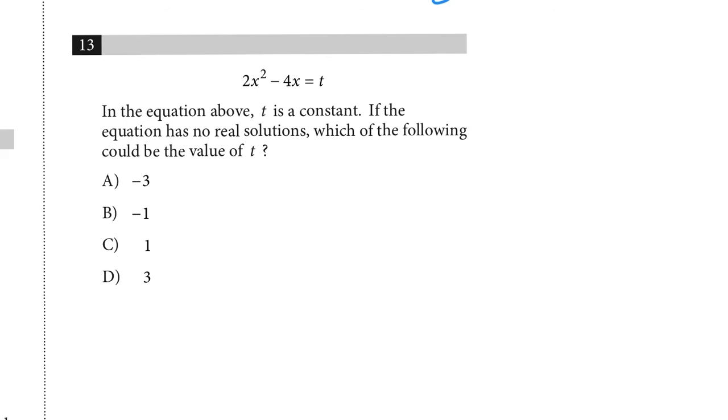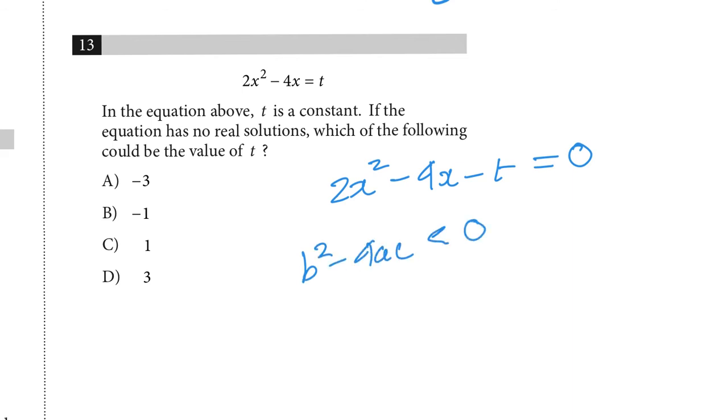In the equation, t is a constant. If the equation has no real solutions, which of the following could be the value of t? We could probably take this over here, minus t is equal to 0. For an equation with no real solutions, b squared minus 4ac is less than 0. In this case, we'll just solve b squared minus 4ac. Minus 4 squared would give us 16, minus 4 into 2 into c, where c is minus t in this case.